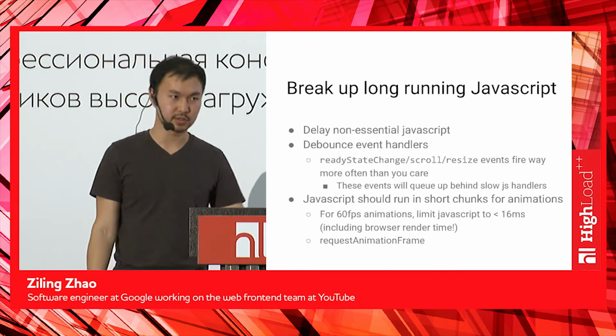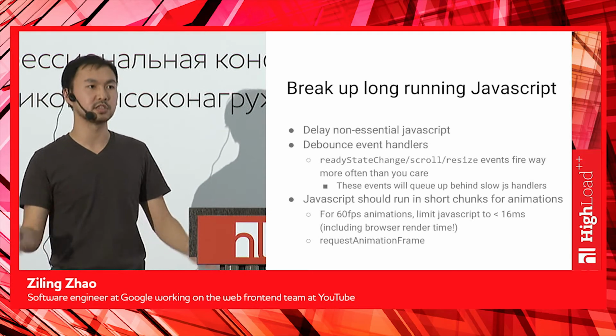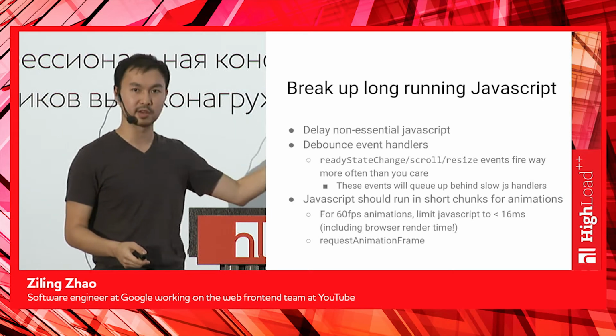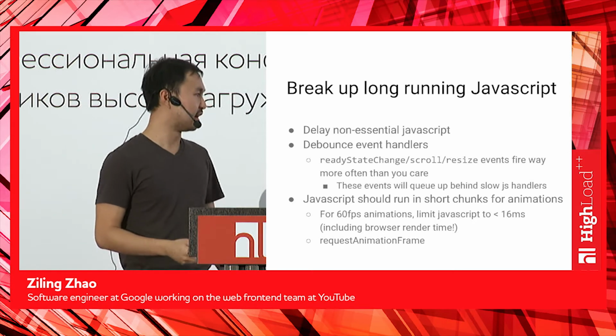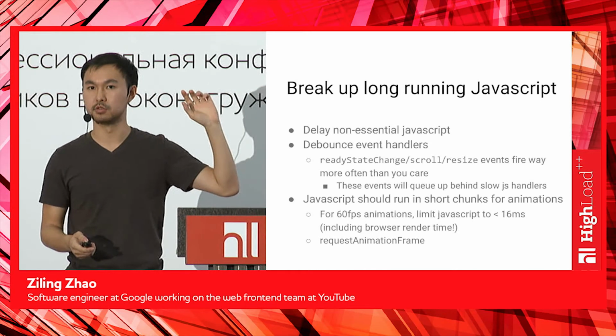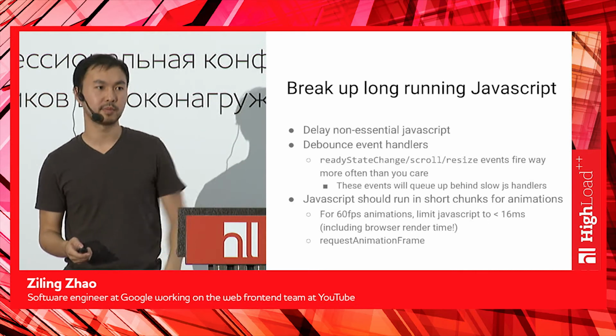And oftentimes, if you're running JavaScript animations or just animations in general, you want your JavaScript to take less than 60 milliseconds if you care about 60 FPS, which you all should. requestAnimationFrame is the API that allows you to have your JavaScript run before every single paint by the browser.